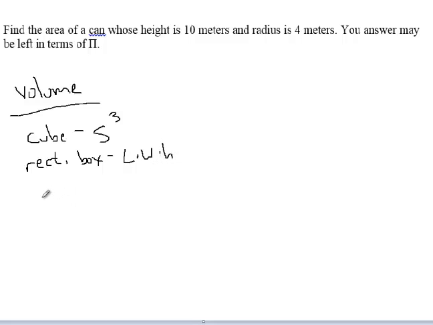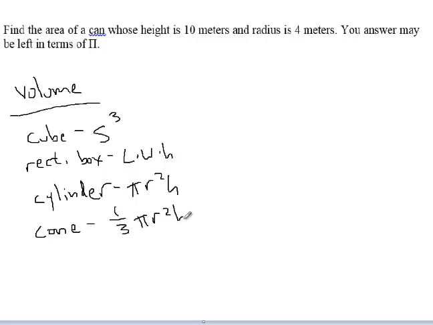In other words, all 3 dimensions multiplied by each other. For a cylinder, like a can, it's pi r squared, which is the circular bottom or the circular top, times the height. For a cone, it actually is 1/3 times pi r squared h.